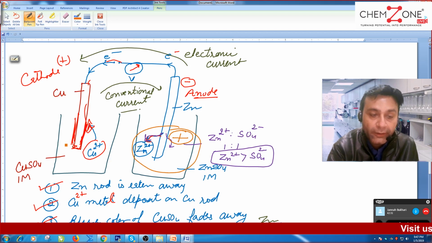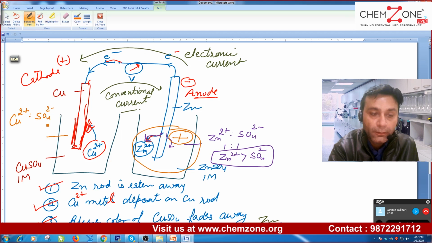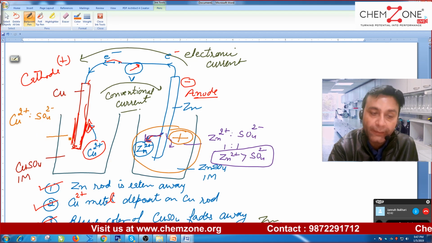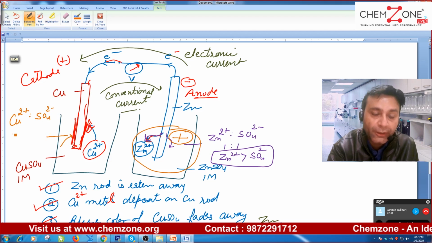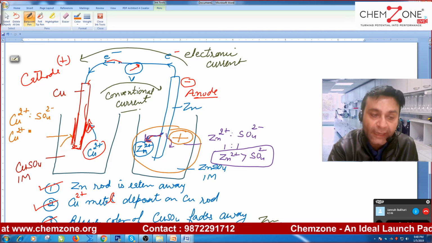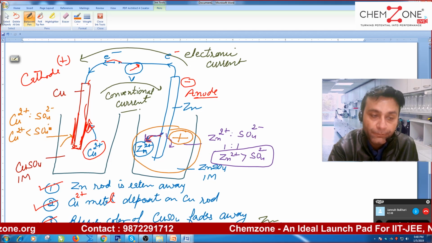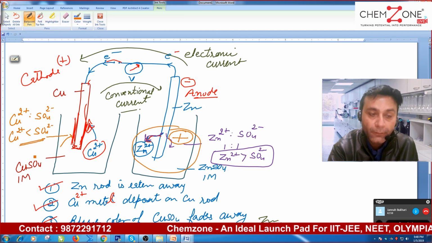And in the other beaker, initially the copper ions and sulfate ions were equal in number, but with the passage of time, the copper ions get deposited, and the copper ions become less as compared to sulfate ions.